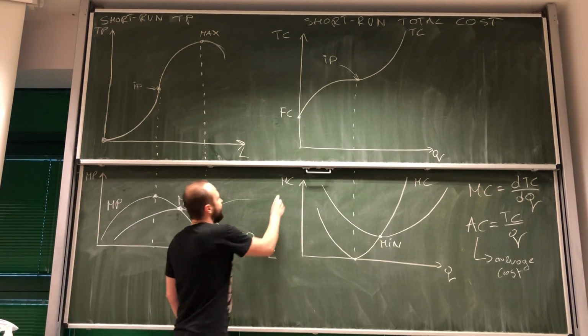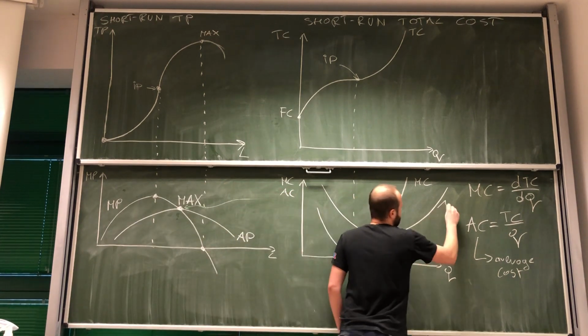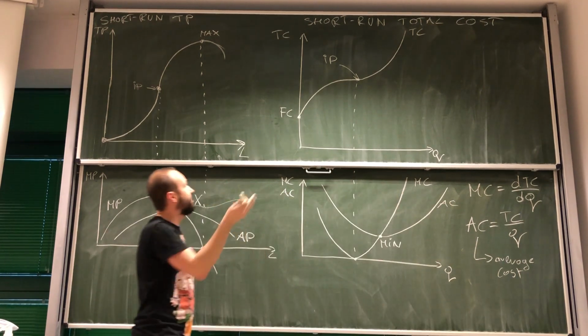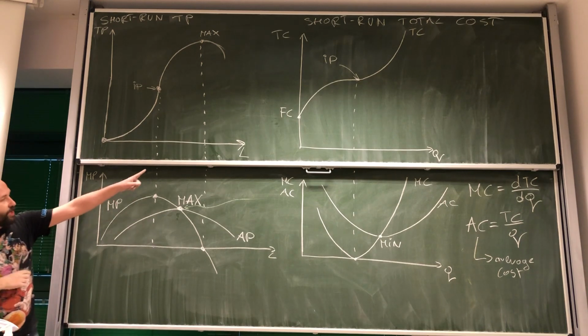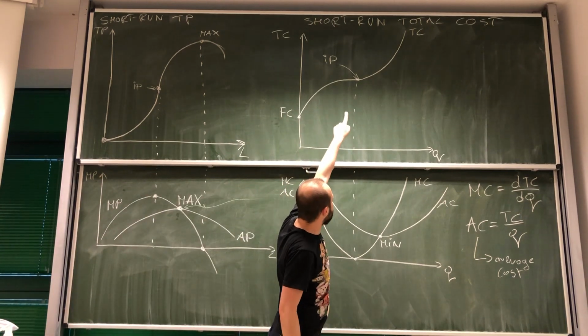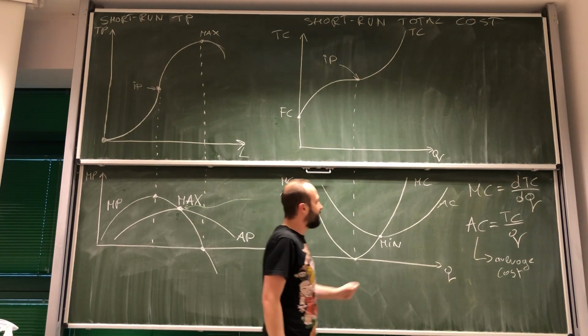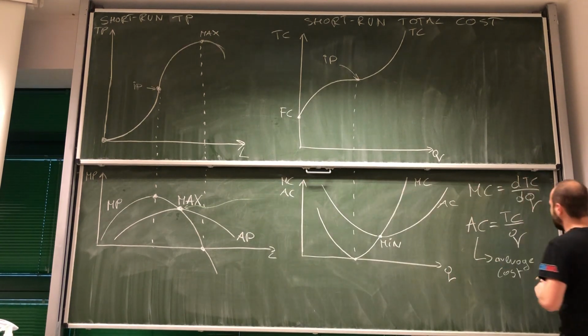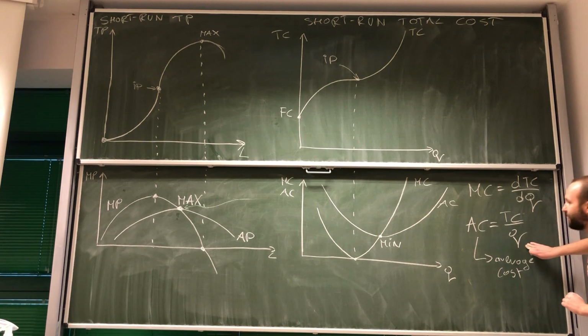Again, I can just explain this to you because it doesn't require much imagination to understand it. Look, if here, with level of production, cost is increasing slower than proportionally, then of course, average cost, which is total cost divided by quantity, will be falling.